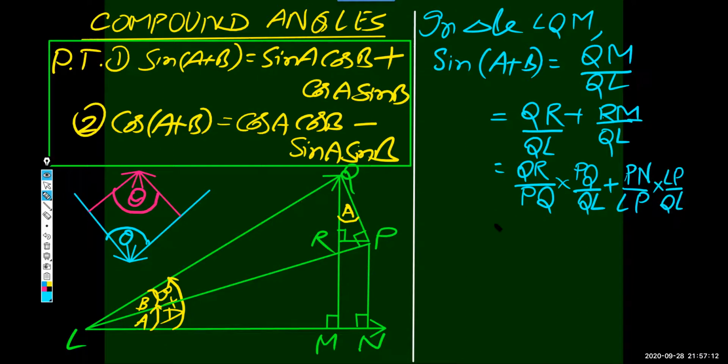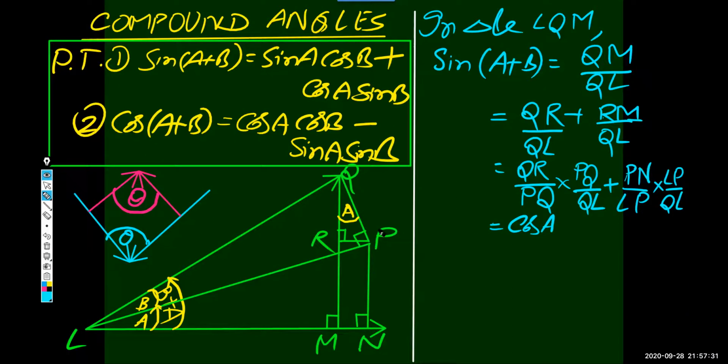Now you tell me what is QR by PQ? That's cos A. Correct. Similarly, PQ by QL.